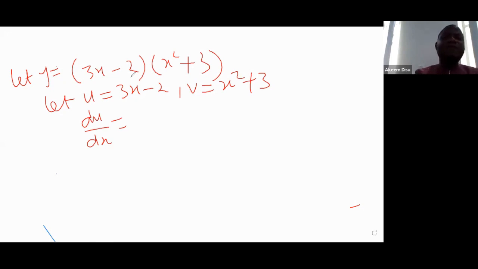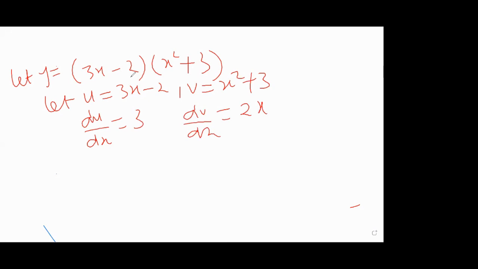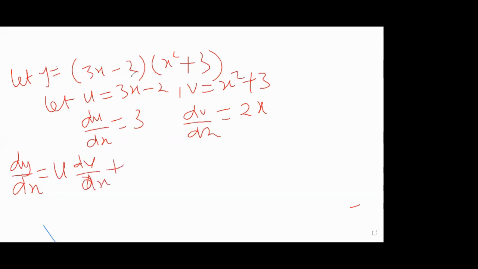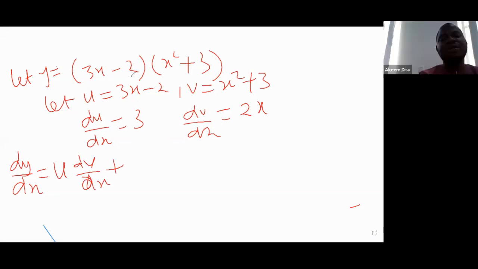This will give you 3. If you differentiate v, dv/dx will give you 2x. Then we follow the formula: dy/dx gives you u dv/dx plus v du/dx.